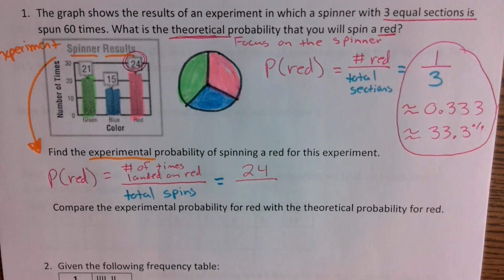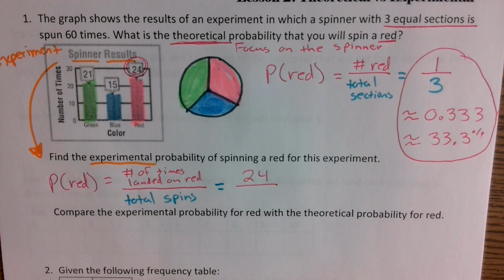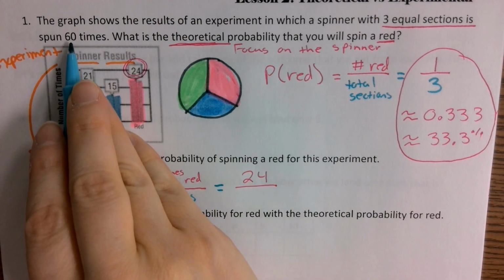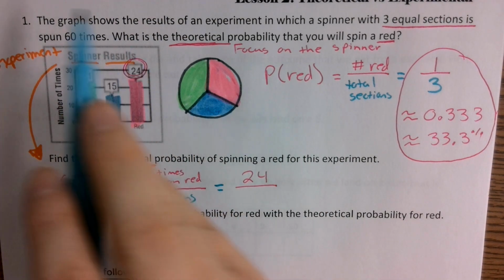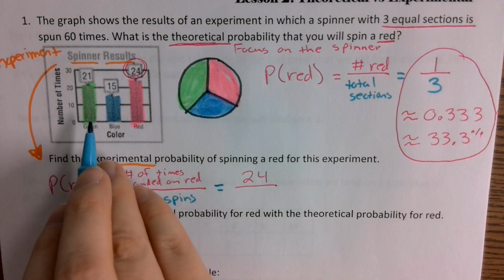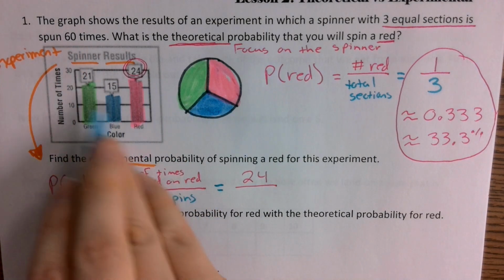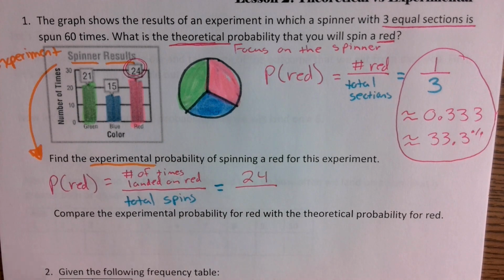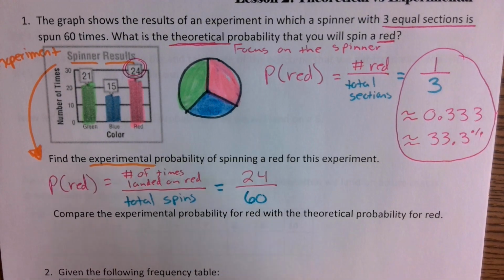How many times did we spin the spinner? 60 times. One, it tells us in the question, right? You spun the spinner 60 times. But even if they didn't tell you in the question, we could just add up all the spins together. We could do 21 plus 15 plus 24, and that's going to come out to 60. So we get 24 over 60.